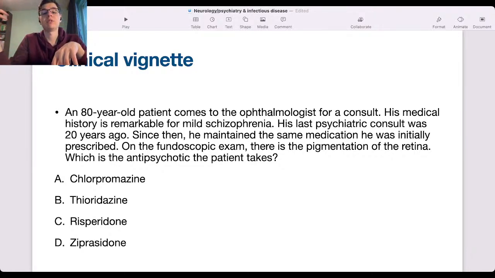Chlorpromazine, thioridazine, risperidone, or ziprasidone?